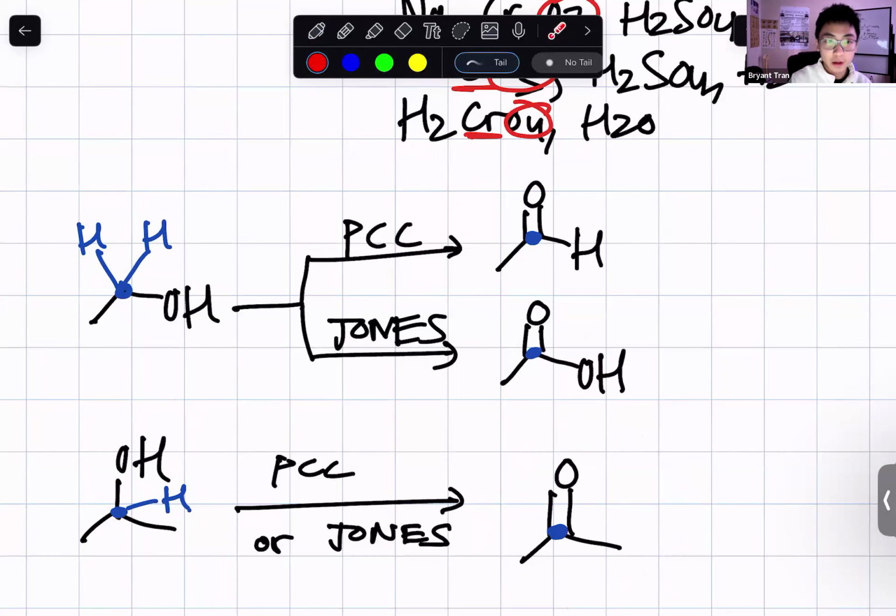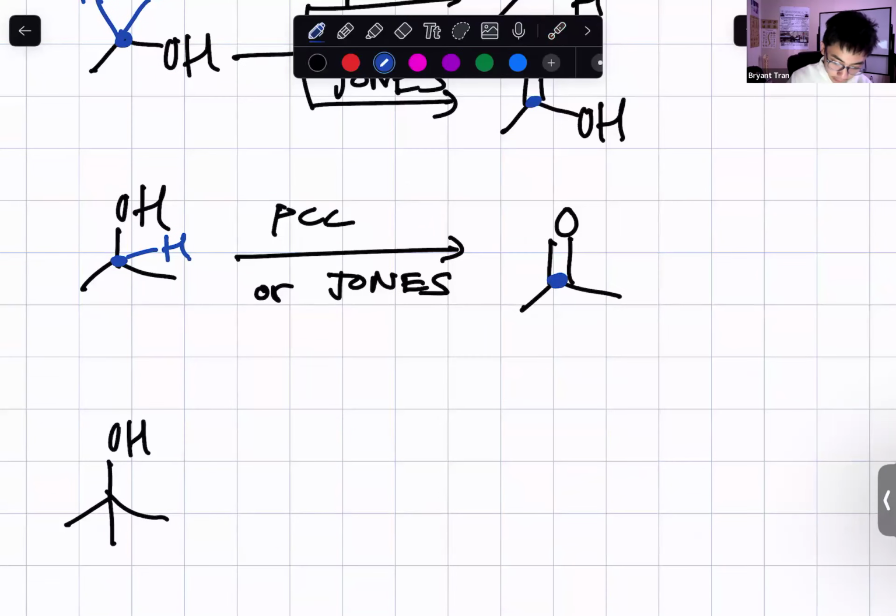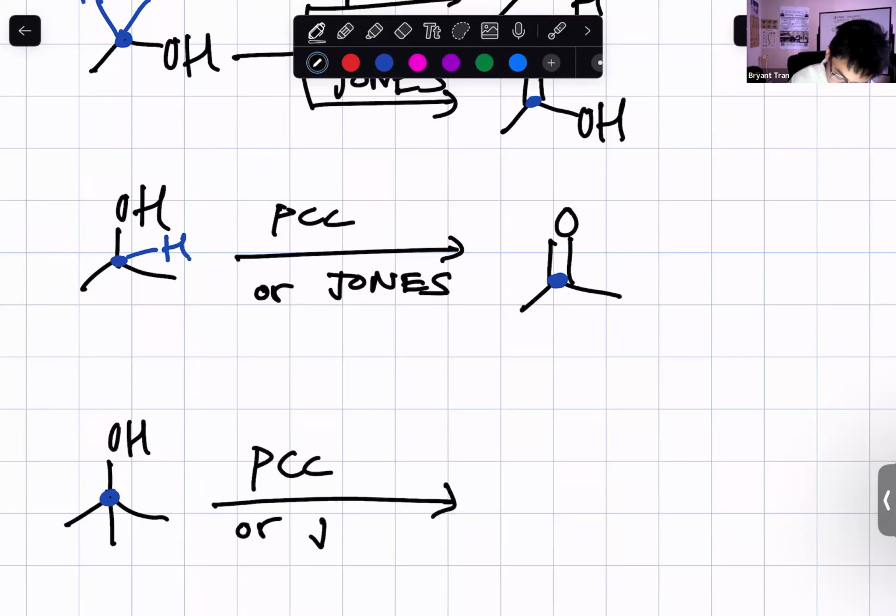Whenever you oxidize a secondary alcohol using PCC or Jones, you will always end up with a ketone. Now, the tertiary alcohol: the blue carbon holding the alcohol has no bonds to hydrogen at all, so when we try to oxidize it using PCC or Jones, there is no reaction.